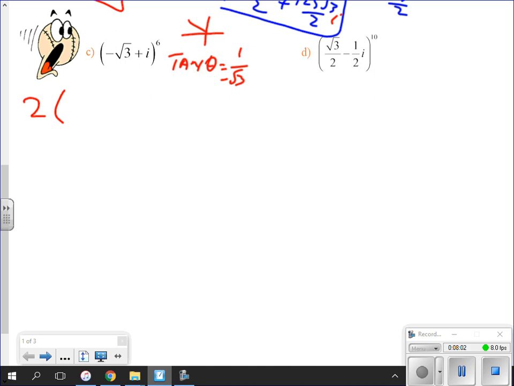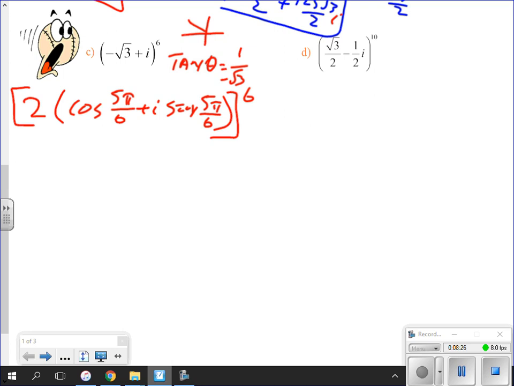If you figure that out, you end up getting theta being 5 pi over 6. Cosine of 5 pi over 6 plus i sine of 5 pi over 6, and I'm taking that whole thing to the 6th power.